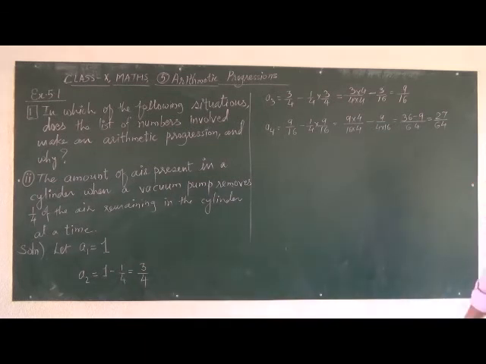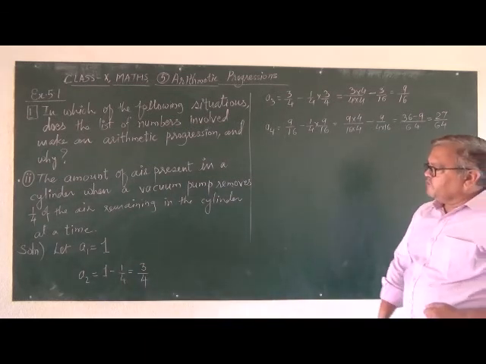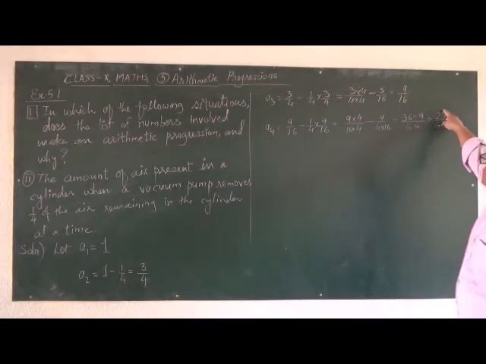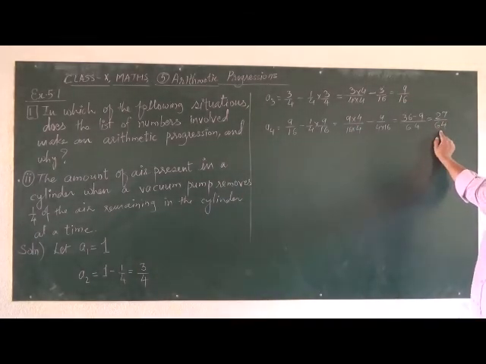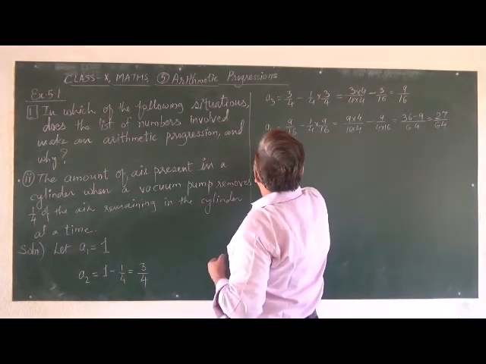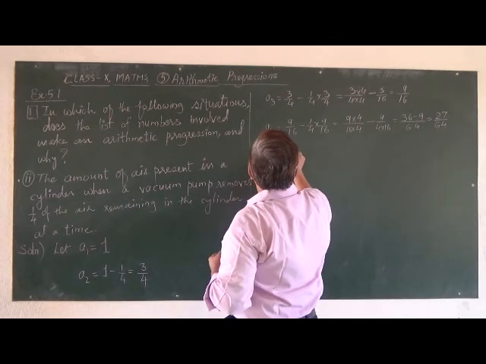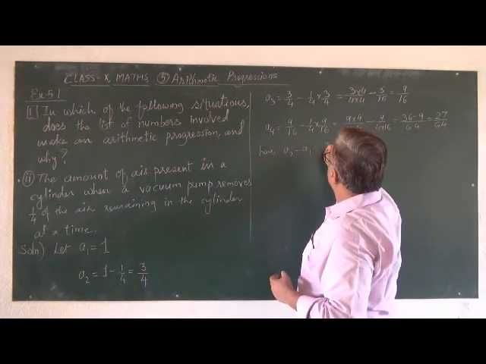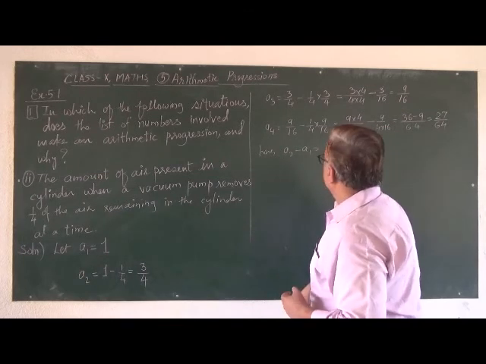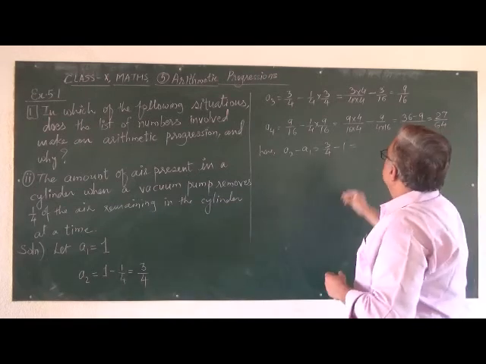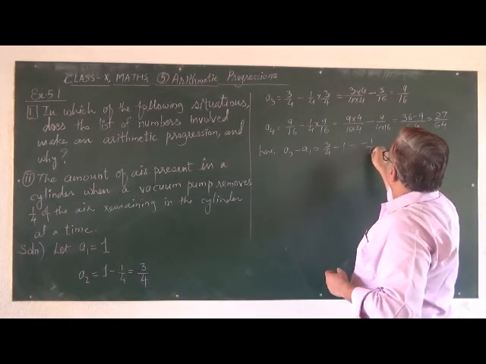Now check whether this list of numbers, 1, 3/4, 9/16, 27/64 and so on, forms an AP or not. For that purpose, A2 minus A1. A2 is 3/4 minus A1, which is 1. So 3/4 minus 1 is minus 1/4.